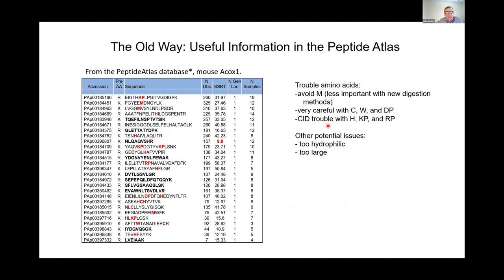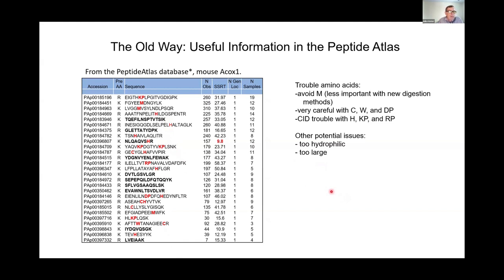The CID spectra aren't as pretty or as efficient if we have internal charge sites that make triply charged ions. And this highlights one that we probably wouldn't mess around with because it's very hydrophilic and therefore wouldn't stick. I don't really have any on here that seem too large, but the ones that are in bold would be a great starting point for trying to put a method together.